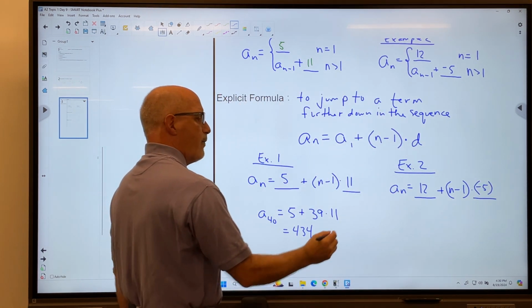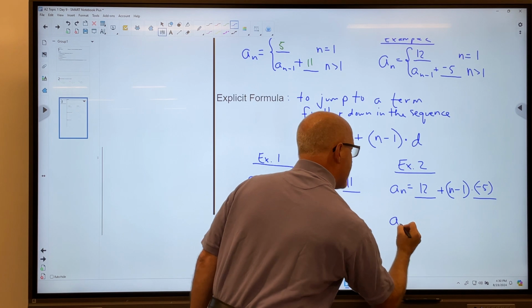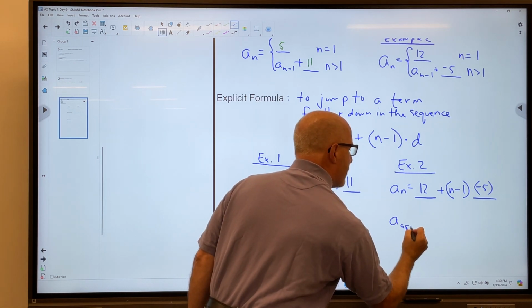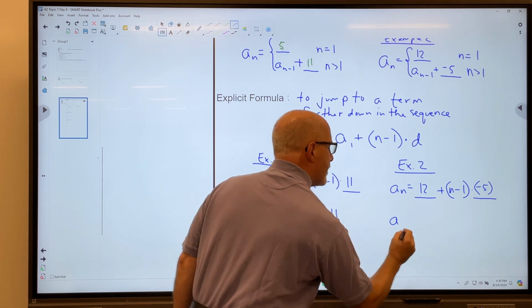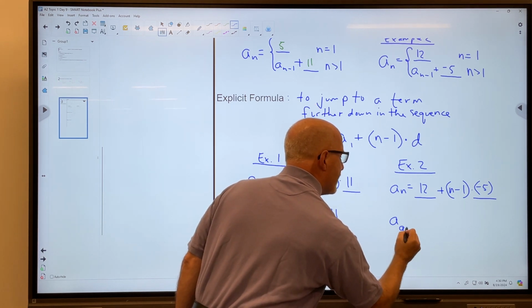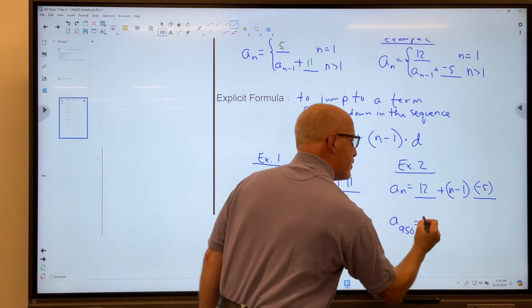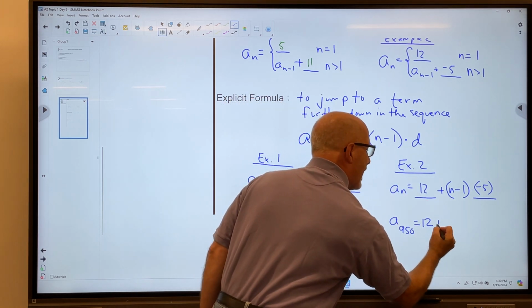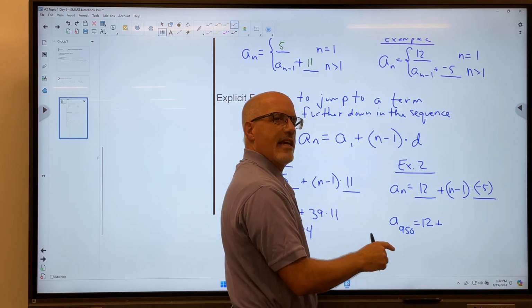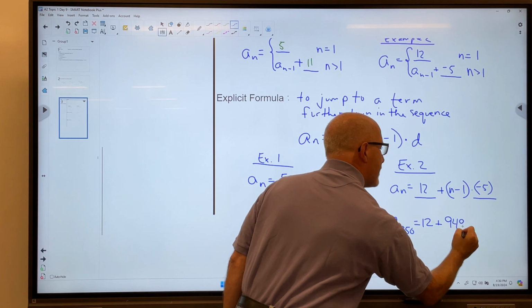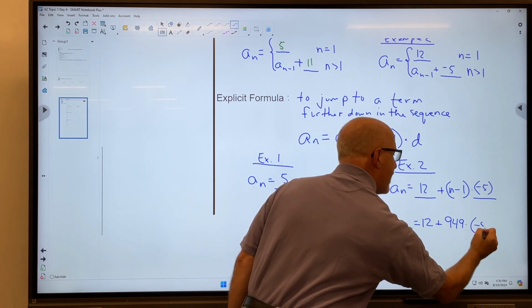All right, so what if we want to find out what is the 950th term? So what we'll do is we'll start with the 12, and we'll add to it. What's 1 less than 950? Well, it's 949 times the -5.